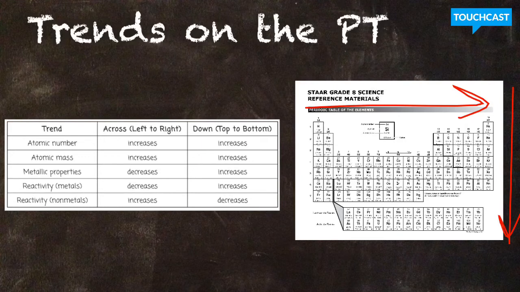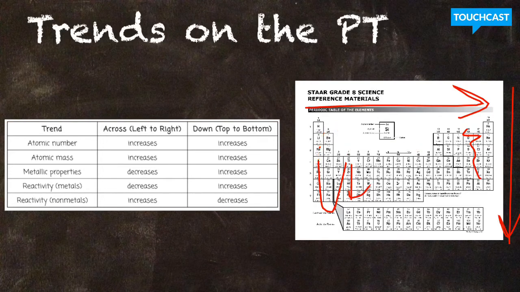They're not written on the periodic table, so it is something that you're going to have to learn and remember, and those actually decrease as you move across the periodic table, which is why our nonmetals are over here on the right, and they increase as you move down. So if we're looking at, say, a group of metals, as you move this way, they get less metallic, and as you move down, they get more metallic.